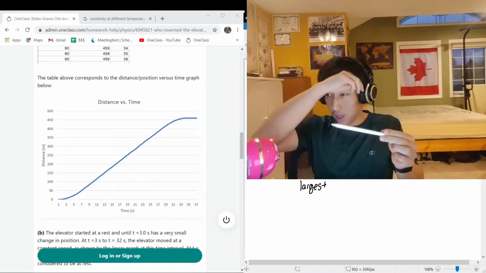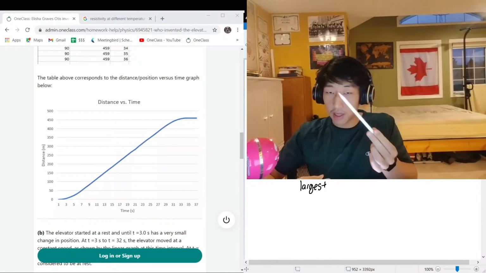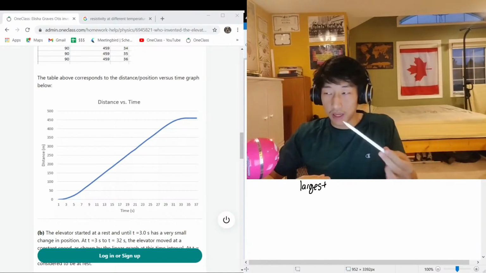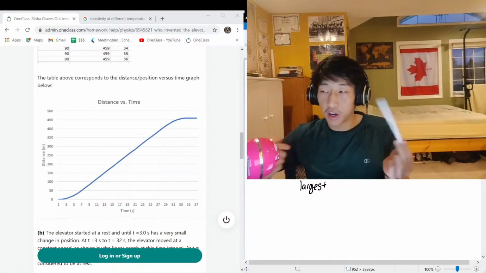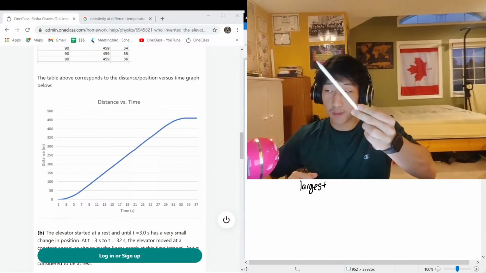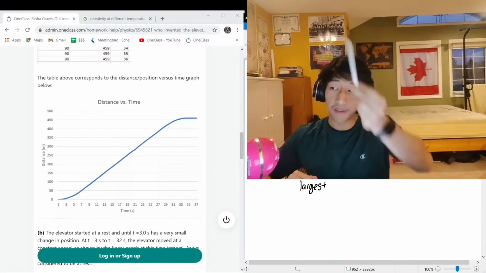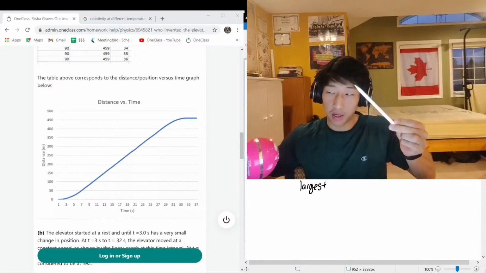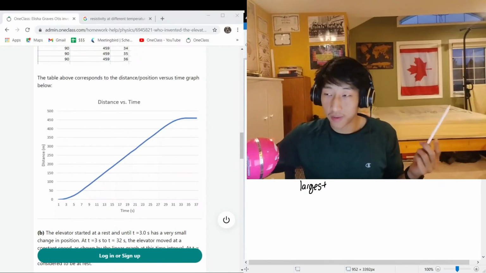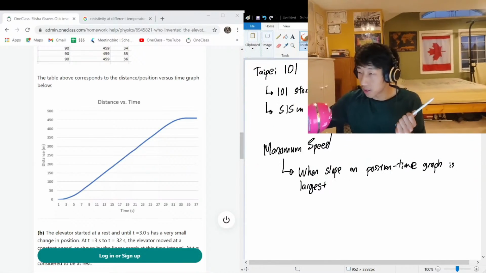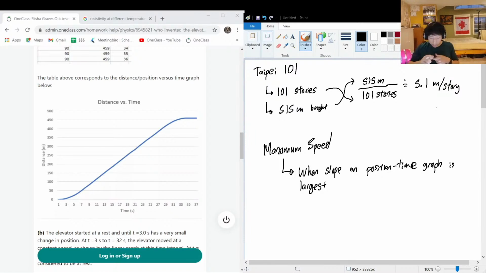Okay, so the maximum speed is clearly going to be in the middle linear area, because that's when it's the most slopey. Before that it's flat, and after that it's flat, so it's got to be when it's the linear area. I'll shrink my camera down so I can write some comments about that.